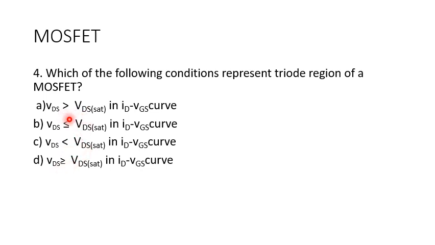When VDS is greater than or equal to VDS saturation, it will go into the saturation region, right? And when VDS is less, then only it will go into the linear region, nothing but the triode region, right?